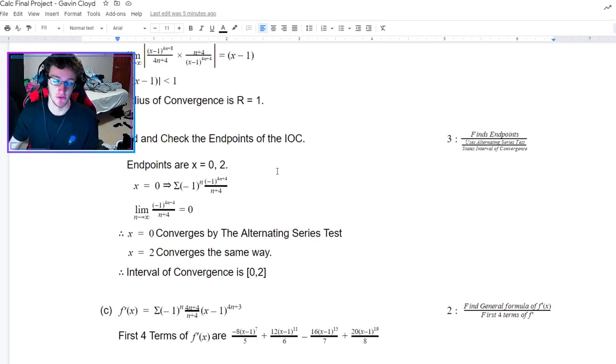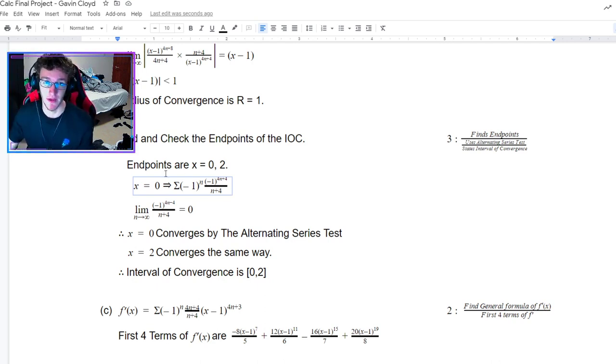Now you need to know how to determine if those endpoints are included, if they converge or if they diverge. To do this, you can use the alternating series test. If you set it up as an alternating series, the summation of negative 1 to the n times a sub n, which is just this chunk right here, then the limit as n approaches infinity of a sub n has to equal 0, and it also has to be decreasing for it to converge.